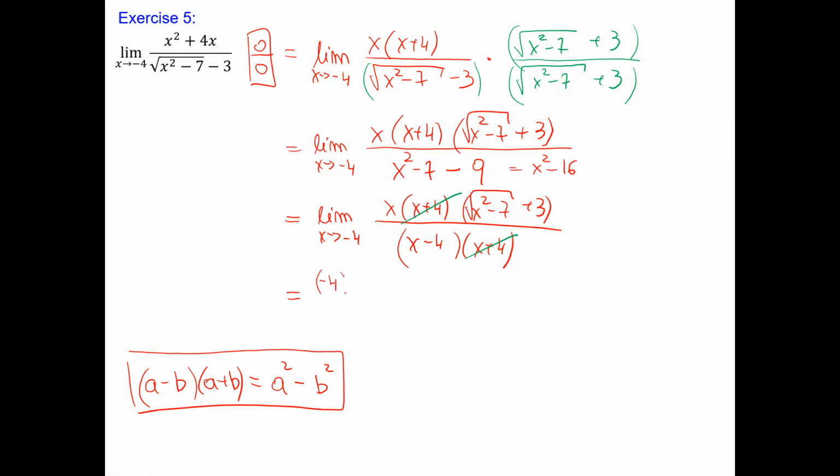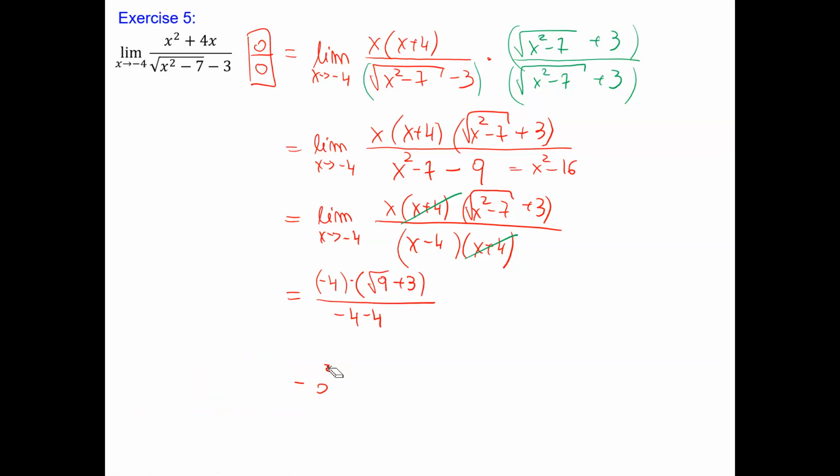Let's substitute -4. It will be 16 minus 7, 9, and negative 4 minus 4. Okay, I can erase this.